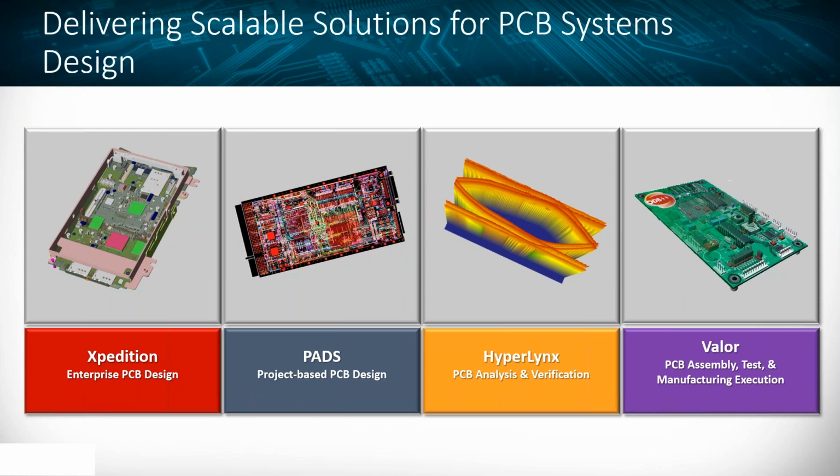And then on the PCB assembly, test, and manufacturing side, we have Valor. Valor NPI is an industry standard for both design for manufacturing checks and assembly checks. If these sound interesting, feel free to reach out to either TriLogic or Oasis Sales for more information on any of these tools.